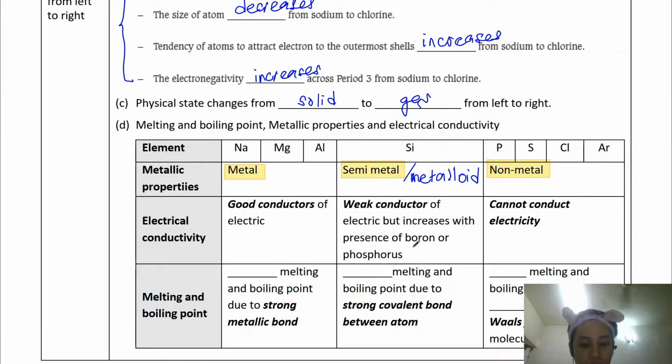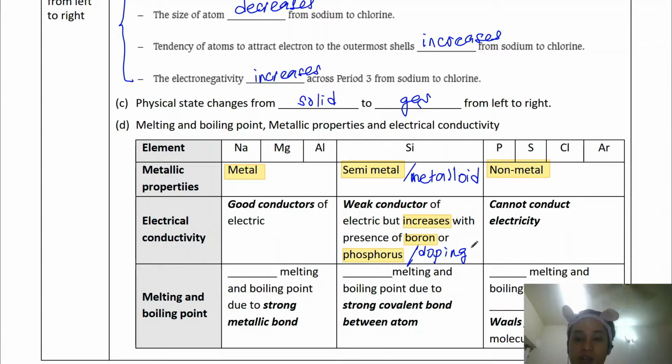If you see this sentence here, it increases with the presence of boron or phosphorus. Technically I can increase conductivity by doping. Doping means that I add other elements.